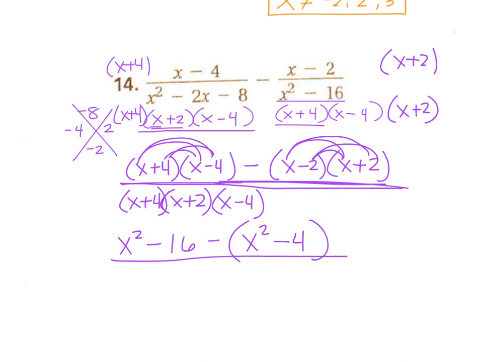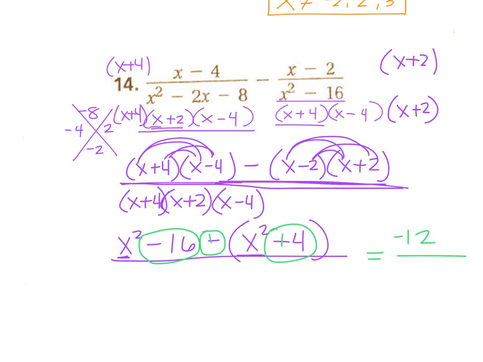Okay, be careful with this because you're subtracting the whole binomial. So when we simplify this, x squared minus x squared goes away, and then this is negative 16 minus negative 4. So that's going to be plus a positive, right? So negative 16 plus 4 is negative 12.